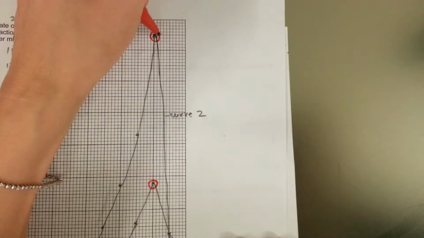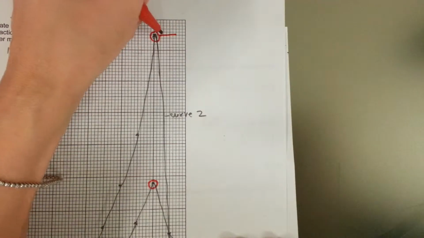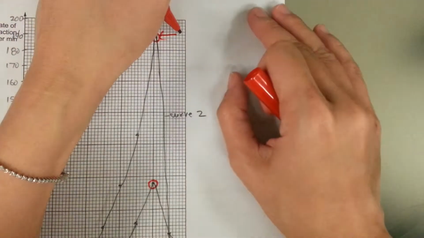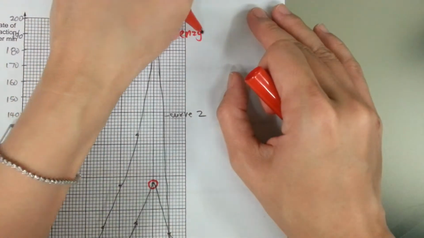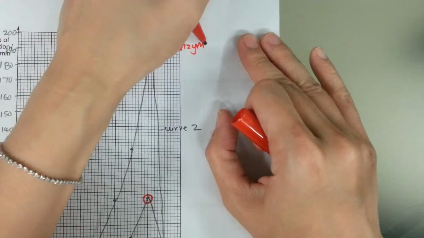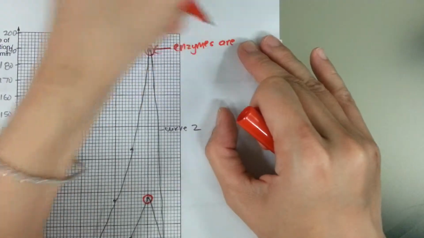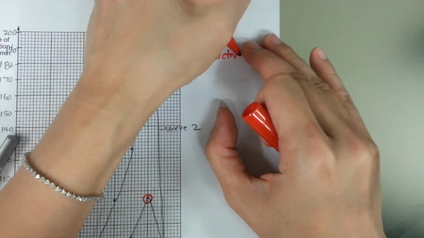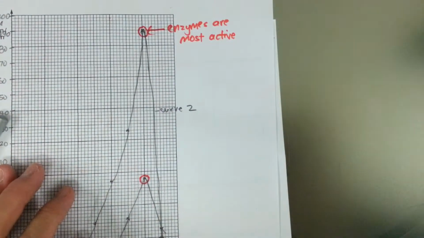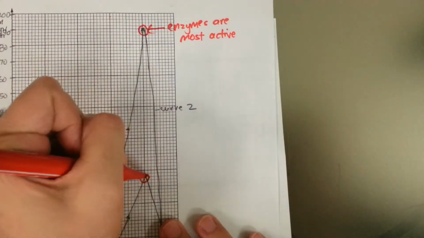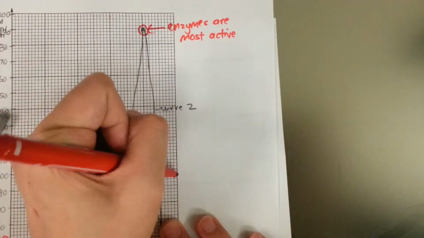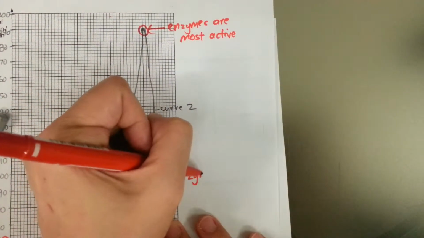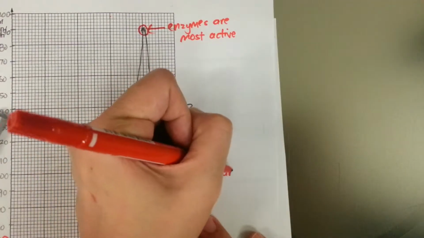This is the point where the enzymes are most active. You may like to write this down. That's for my second curve, and here the enzymes are most active.